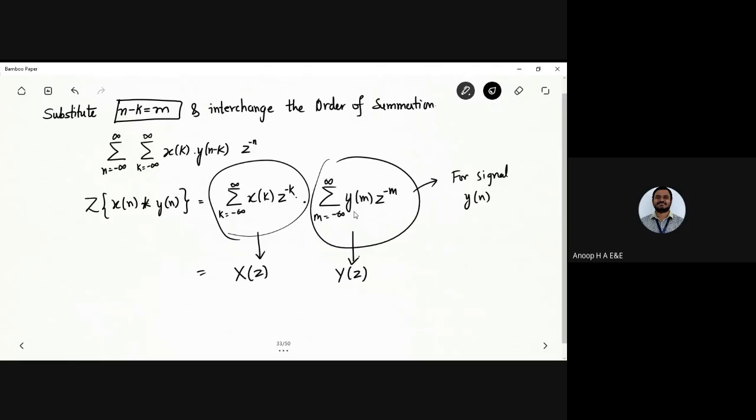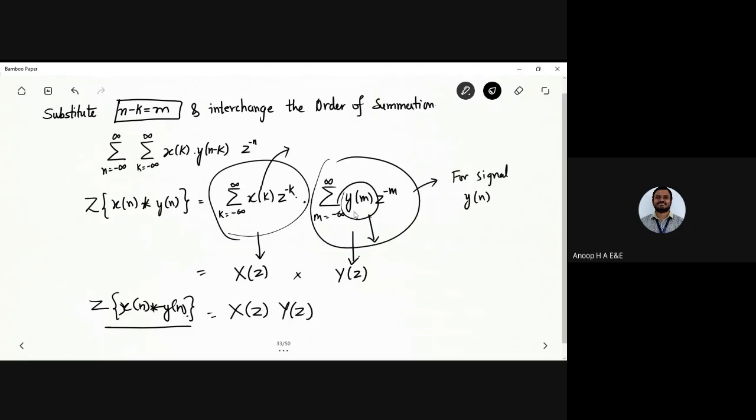If I take the z transform of y of n, I can write it in this manner. This is y of m, and this one here is x of k. So that is x of z multiplied with y of z. So that is the z transform of x of n convoluted with y of n. So that's how I can write it.